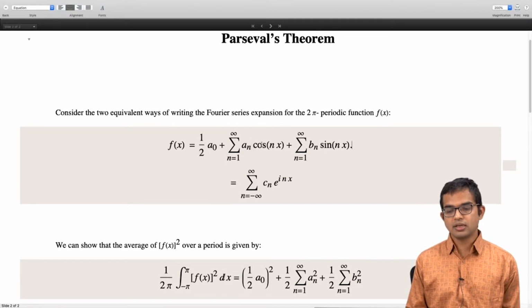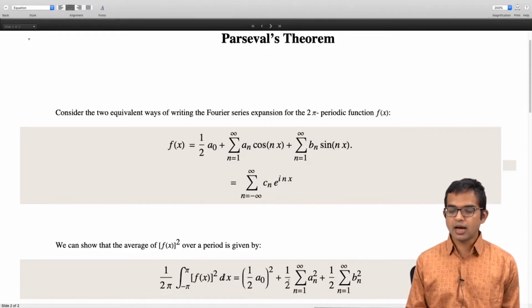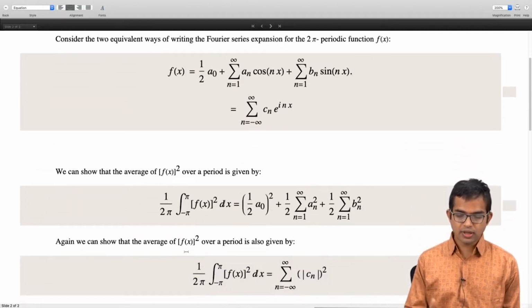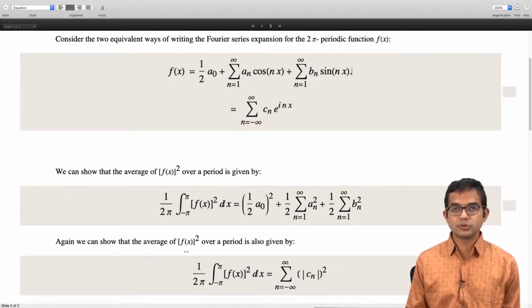And then we have seen that the average of cosine squared of nx, or the average of sine squared, both of them are just half. Therefore you will get half summation over n of a n squared and another half summation over n of b n squared. Again we can show that the average of f of x squared, if you're working it out in terms of the coefficients pertaining to the exponentials, in general these cn's are complex numbers, as we have seen, so here you will get mod of cn squared.